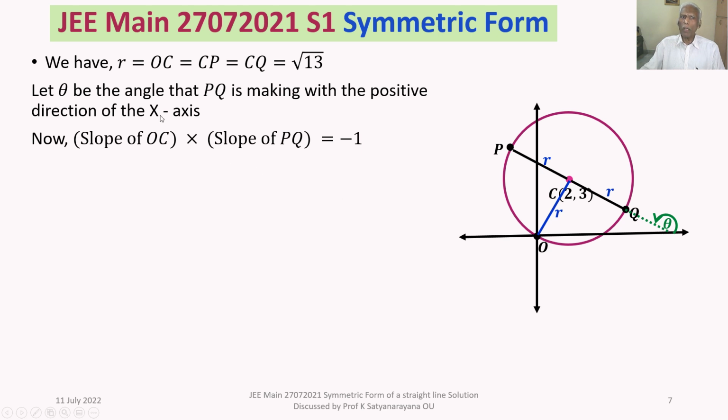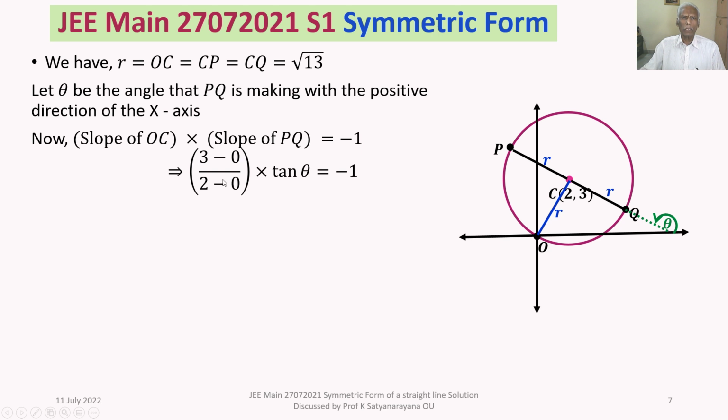So the slope of OC multiplied by the slope of PQ is equal to -1, because they are perpendicular to each other. The slope of OC is (y2 minus y1) by (x2 minus x1), that is (3 minus 0) by (2 minus 0).